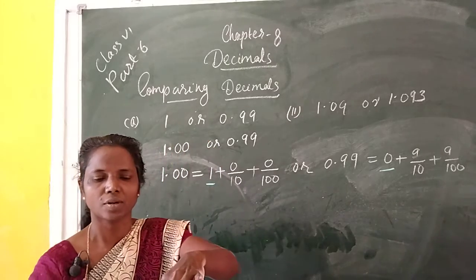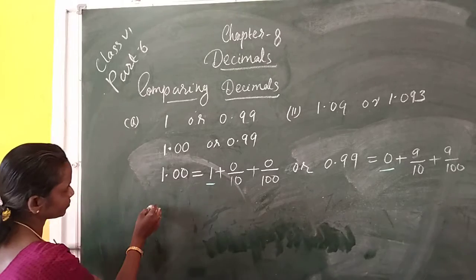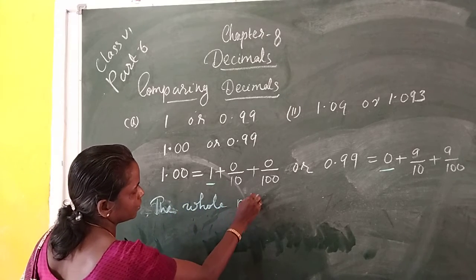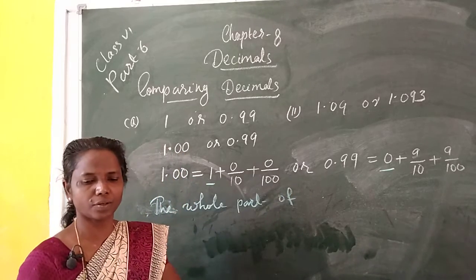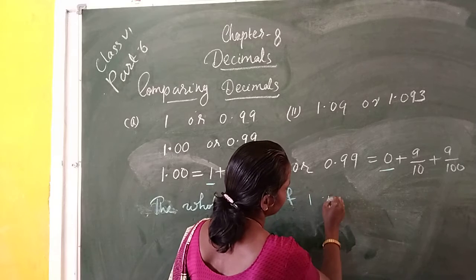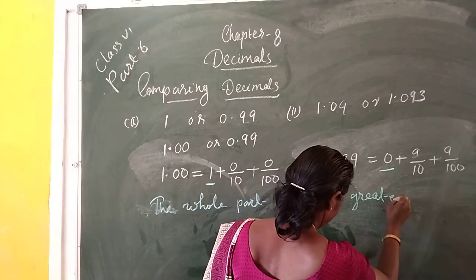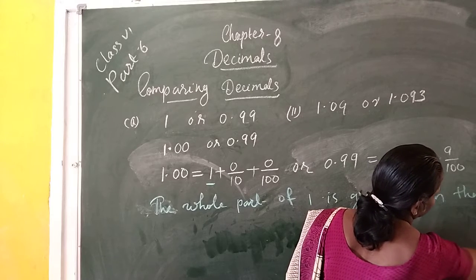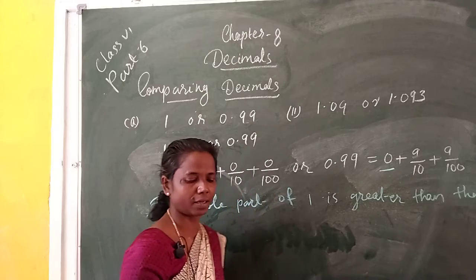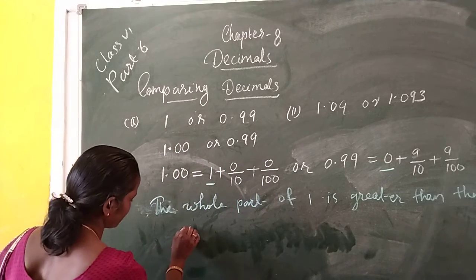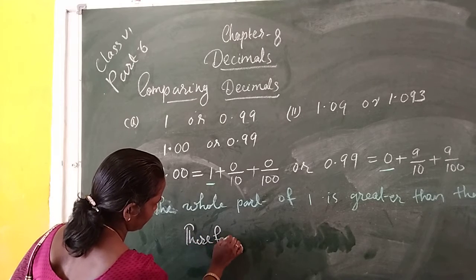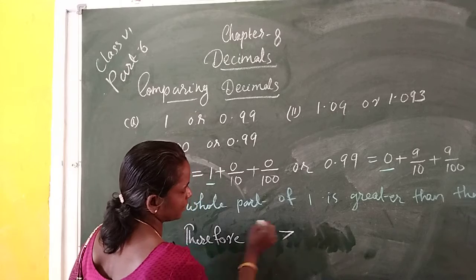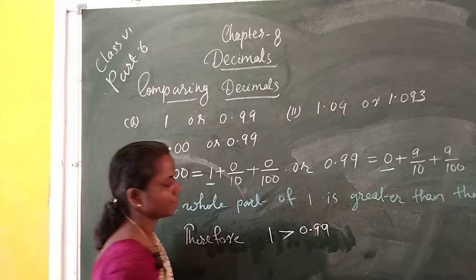So we can write the whole part of 1 is greater than that of 0.99. Therefore, 1 is greater than 0.99.